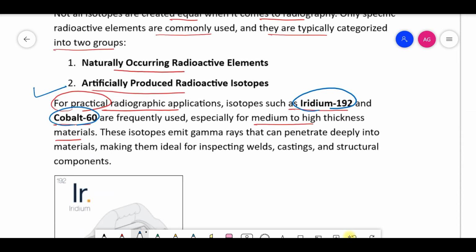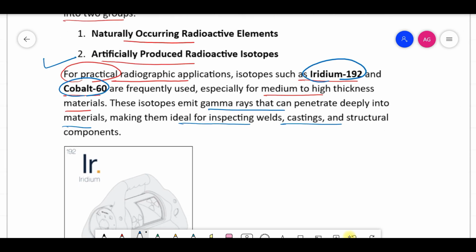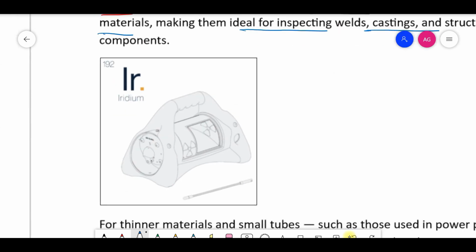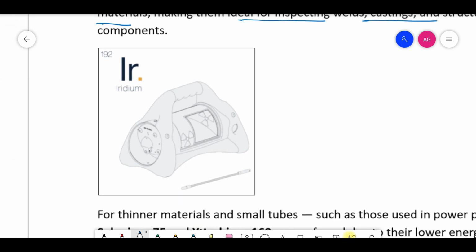These isotopes emit gamma rays that can penetrate deeply into the material, making them ideal for inspecting welds, castings and structural components. Okay? So we do radiography of welding, castings, structures etc. using iridium, cobalt etc. The instrument used in radiography testing is called a camera. So this is a gamma ray camera.